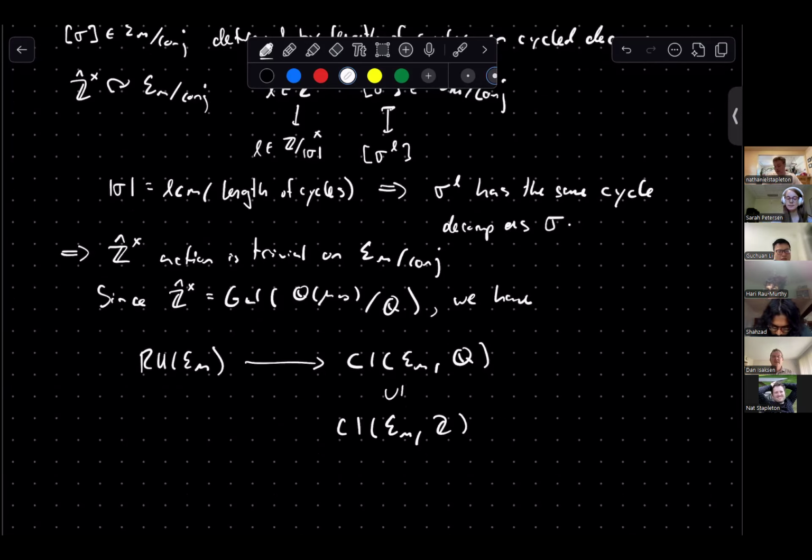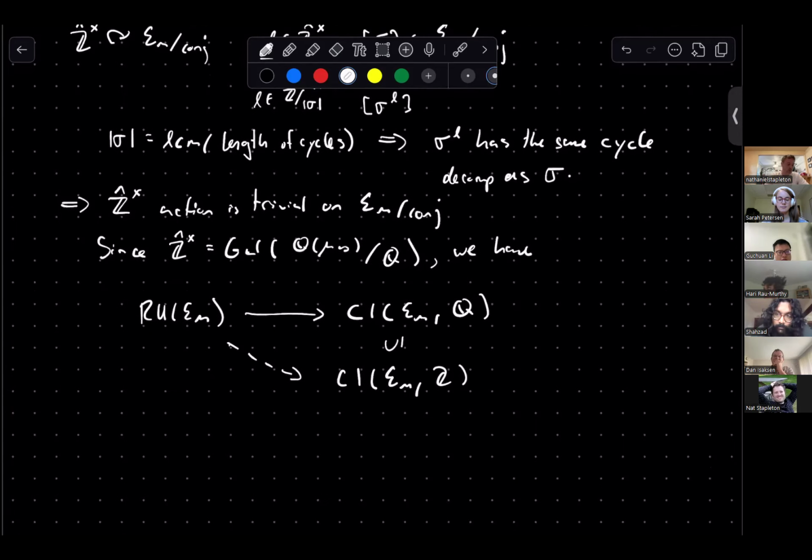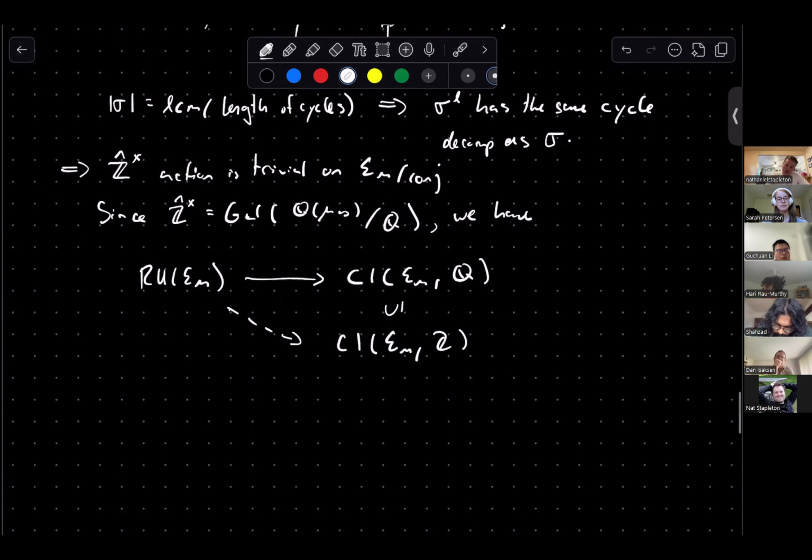And since we must land in the algebraic integers, this map must factor through here. So we can conclude a kind of amazing fact about characters of representations of the symmetric group. They're just always integer valued. So the character of a virtual representation of the symmetric group is some integer valued function on conjugacy classes in the symmetric group.